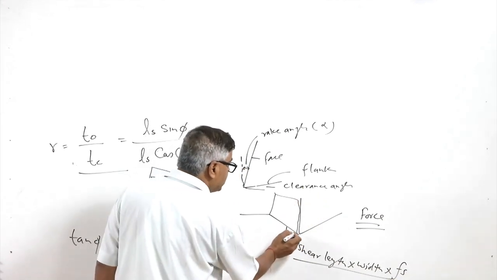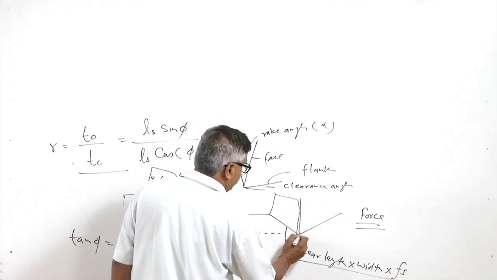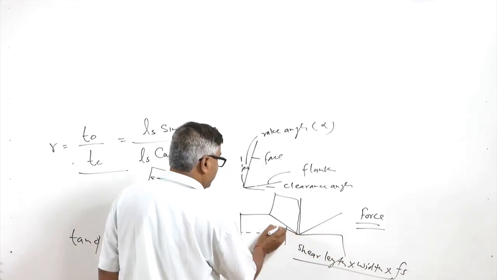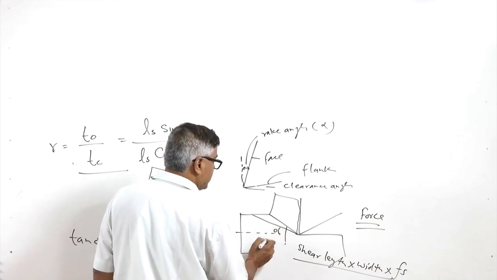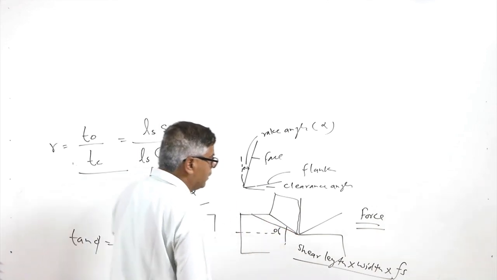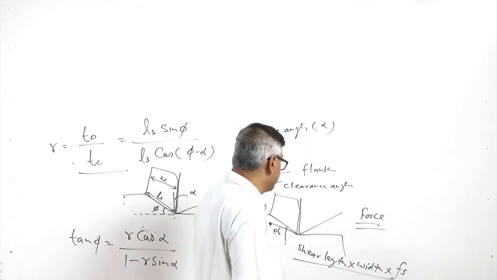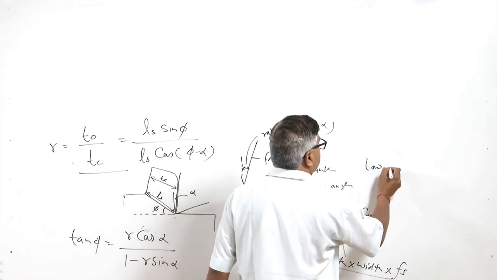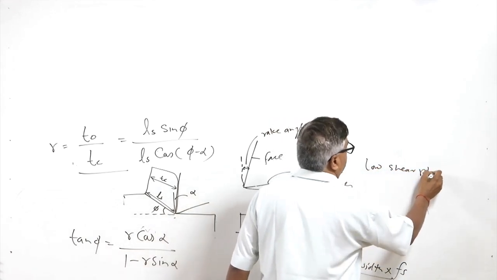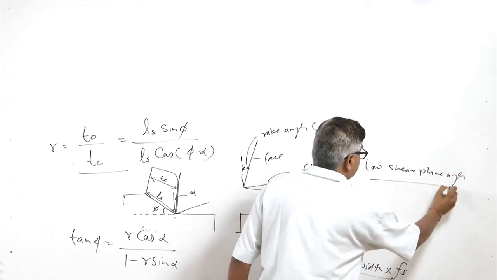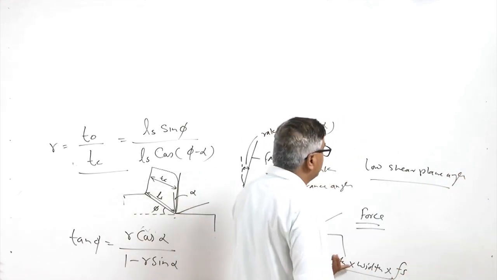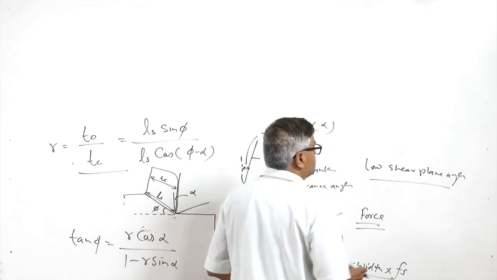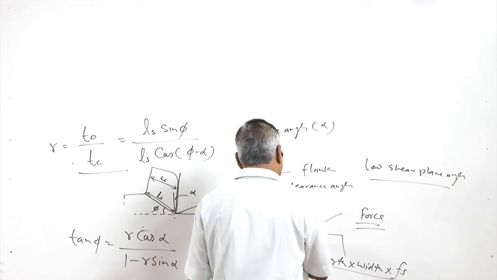For a given depth of cut, if the shear plane angle is low, then the shear plane length will increase, which in turn, for a given width and shear strength, will increase the force required. So, a low shear plane angle will result in a greater area to be sheared off, which in turn will increase the shear force required.